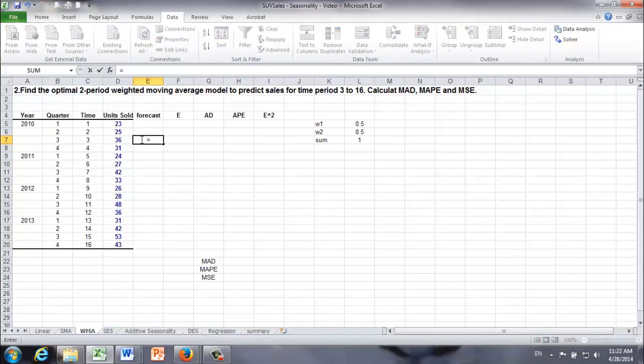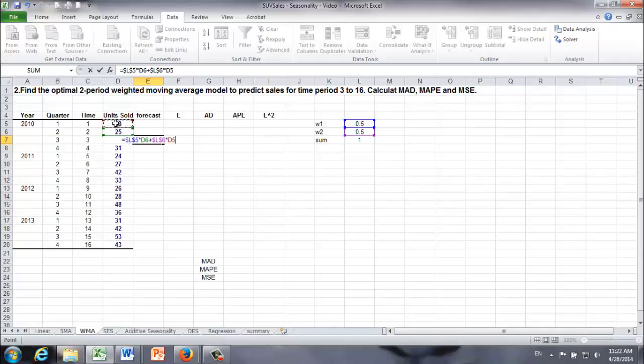It's going to be equal to W1, and I'm going to use absolute cell reference by adding two dollar signs, times the SUV sales in time period 2, plus W2, absolute cell reference, times the actual sales of time period 1.